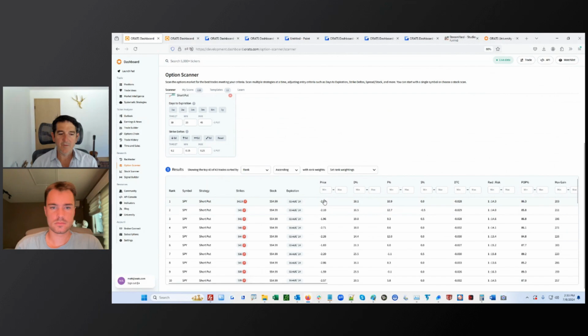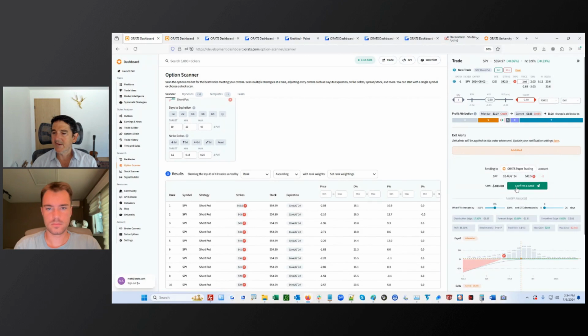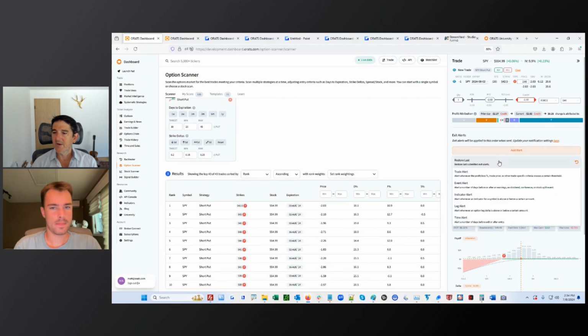All right. So here's this risk. So selling, it's a little bit fewer days, August. So the risk there is actually a little bit less, but it's unlimited as it goes down. And again, obviously very tight. We'll force it. And so what we'll do is we'll add an alert.